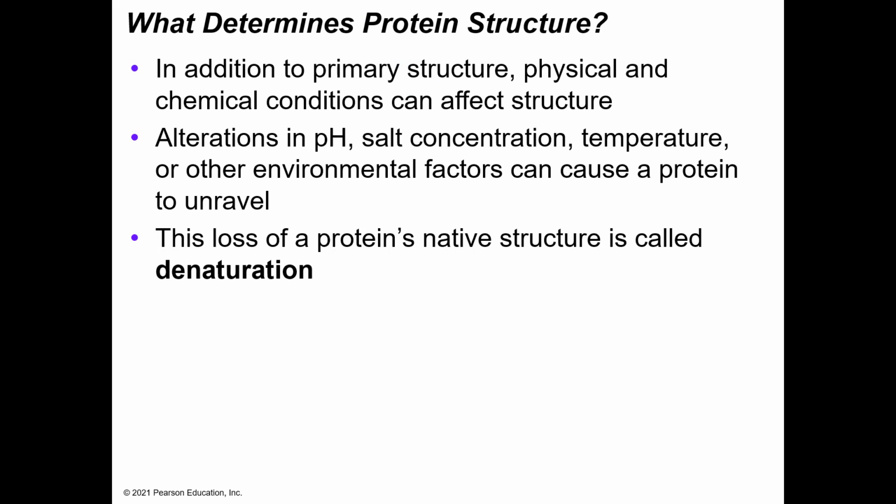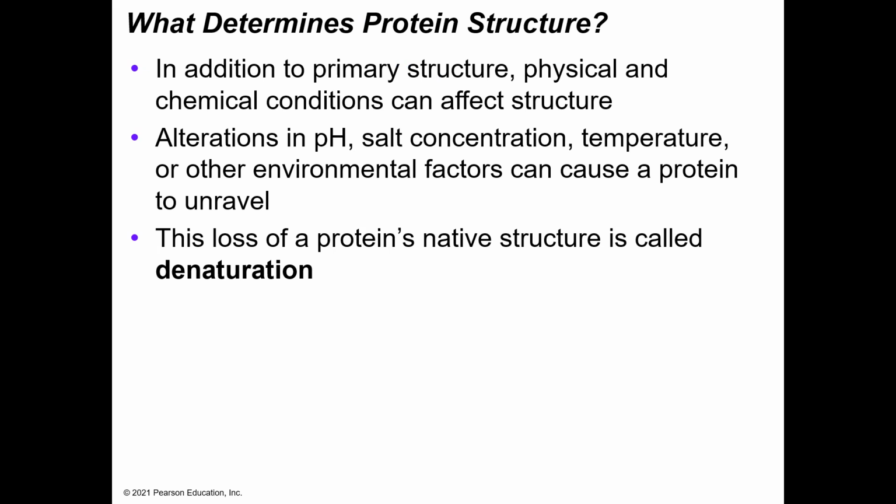Why is this important? You'll learn that some proteins in the body are activated and sometimes they need to be turned off. And the way to turn them off means they may need to be denatured to lose their structure. But this is also why some organisms cannot be in extreme environments.